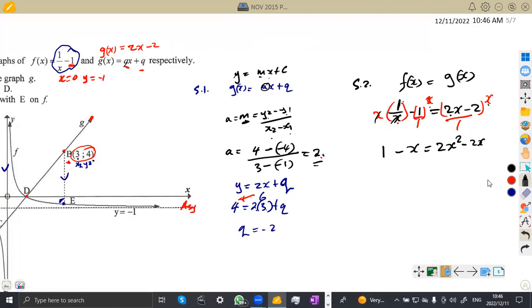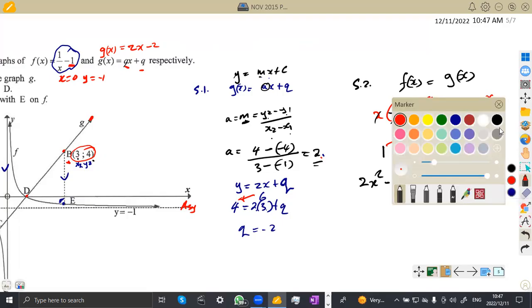So we formulated a quadratic equation. So we can choose to leave these values on this side, which is 2x squared minus 2x. Then we can transpose x to this side. That's a plus x. We transpose 1 to that side. That's a minus 1. Then this will be equal to 0. All right.